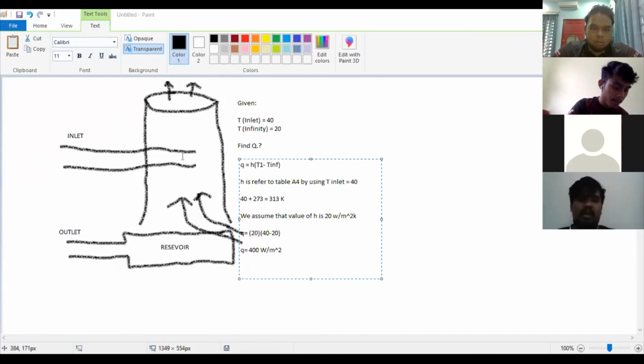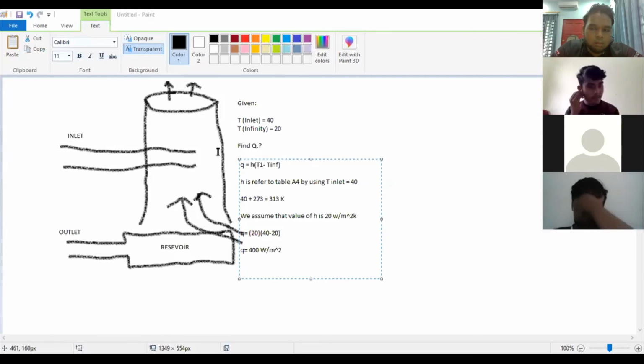Now, based on this diagram, we want to find the heat flux. The given information is the inlet temperature, which is here, 40 degrees Celsius, and the temperature at infinity, which is the outside, 20 degrees Celsius.